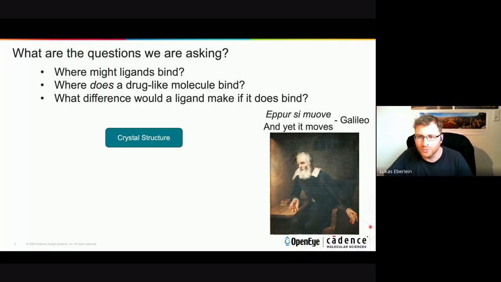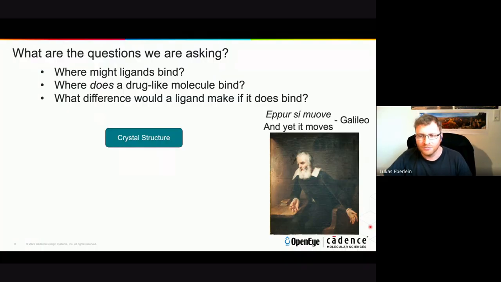I want to show you this quote from Galileo when he was held for heresy by the Catholic Church for supporting Copernicus's idea of heliocentricity: "And yet it moves." We need to take this statement to structure-based drug design. We can't be trapped by a crystal structure. These proteins move around, and we have to move them to see what they actually do.